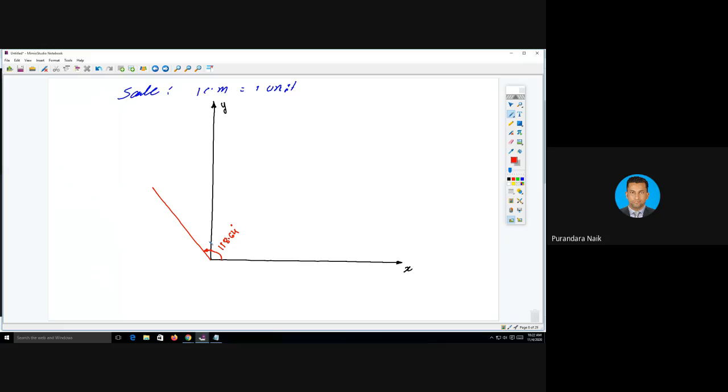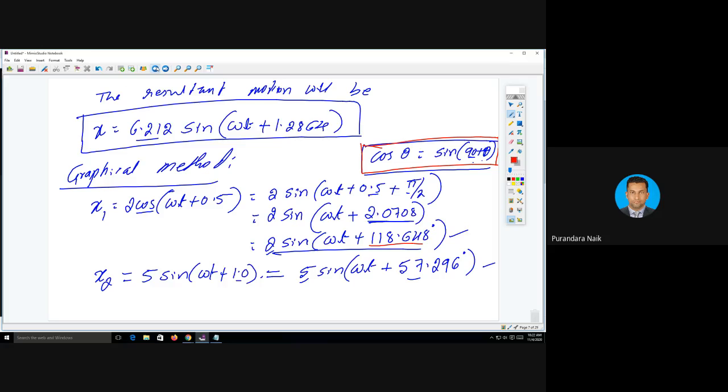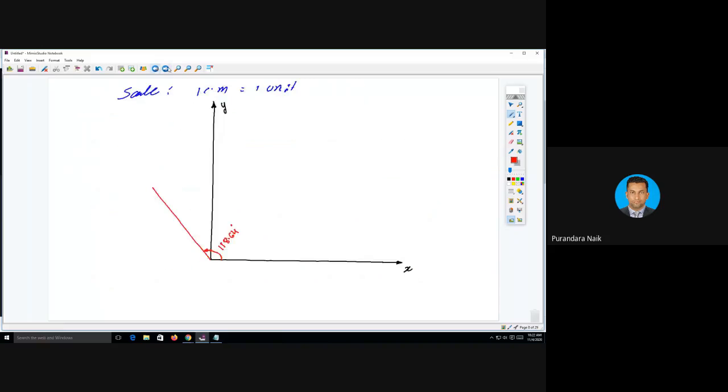I have drawn a line. So what is the length of the line? 2 unit, because the amplitude is 2. Take a compass, take 2 centimeter, because 1 centimeter is equal to 1 unit, so 2 centimeter is equal to 2 unit.